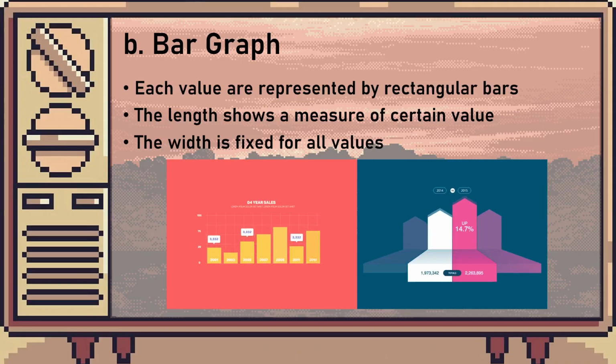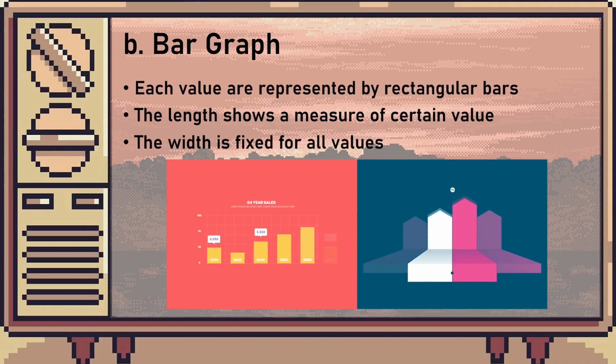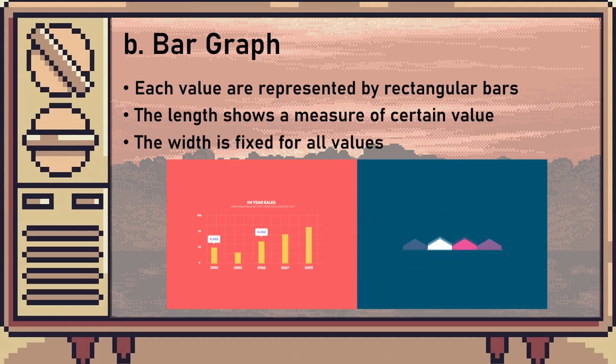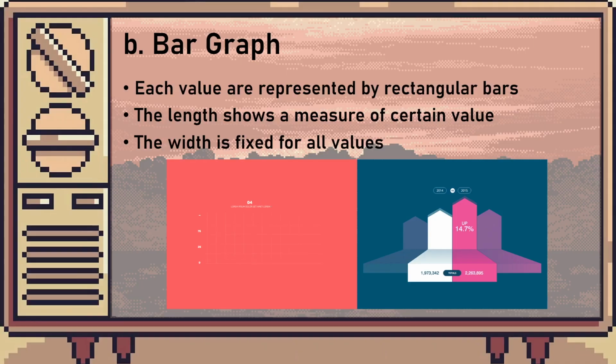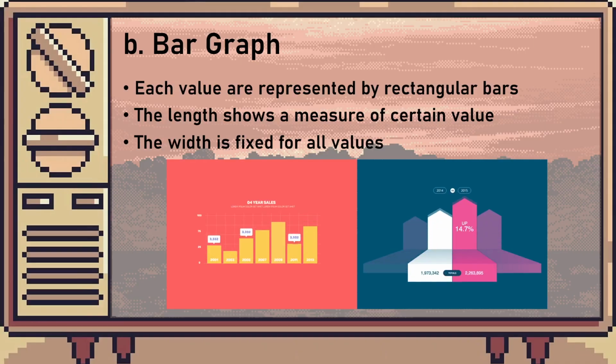You might think that there are a lot of similarities between line graph and bar graph, and that is true. What is the advantage of bar graph compared to line graph? It is much more visually clearer, as you can see. It does not give you the trend, but it gives you very clear comparisons.